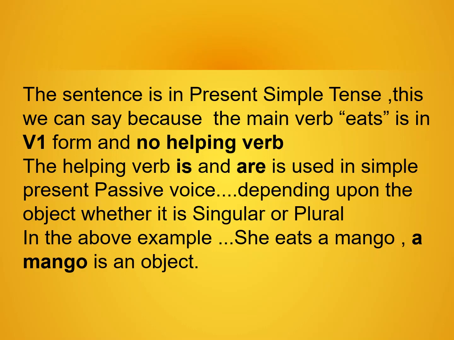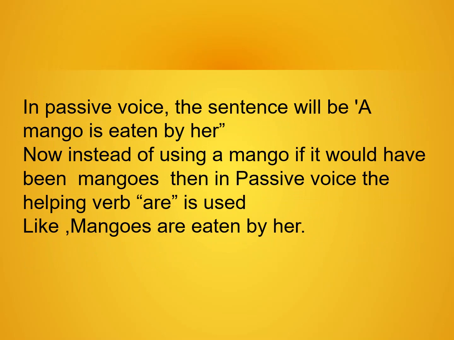In the above example, she eats a mango. A mango is an object. In passive voice, a mango is eaten by her. We can see that a mango is coming in the beginning of the sentence, whereas her is going at the end of the sentence, because this is a passive voice.